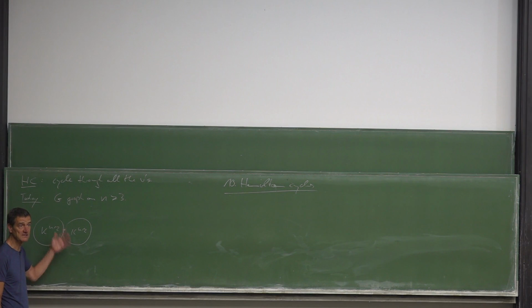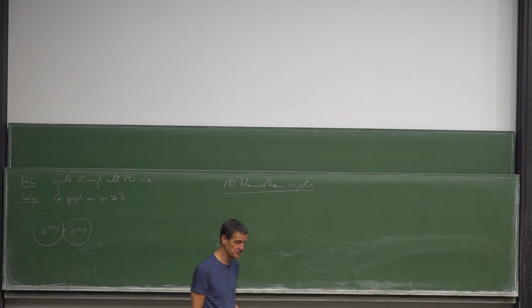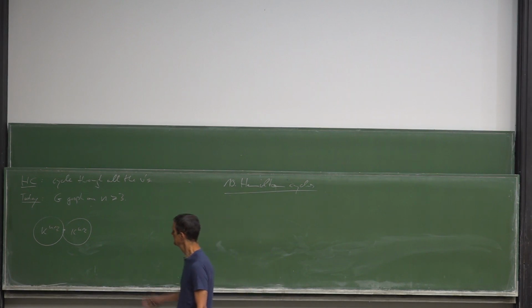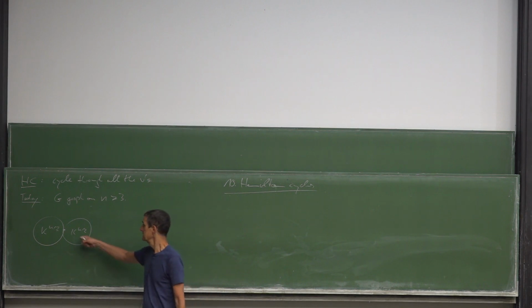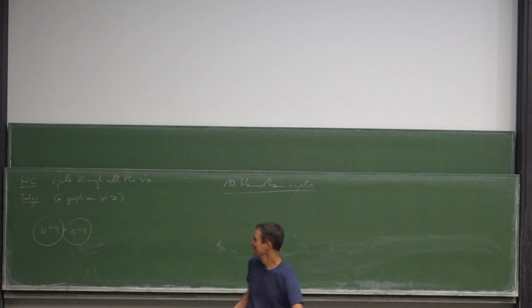And yet the degrees are about half n, right? So even a min degree, let alone an average degree, of any constant order will not force a Hamilton cycle on arbitrarily large graphs. But this is something like the worst that can happen.